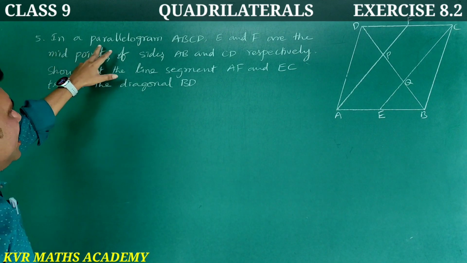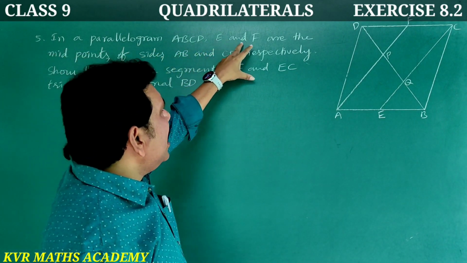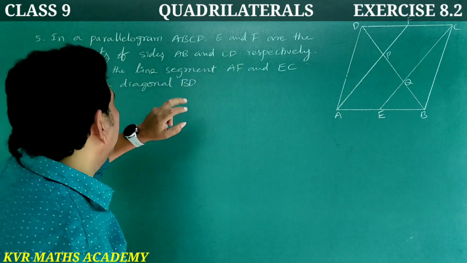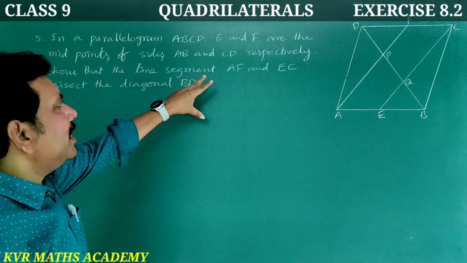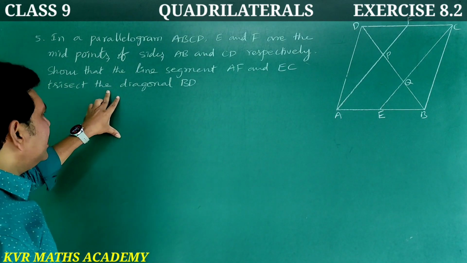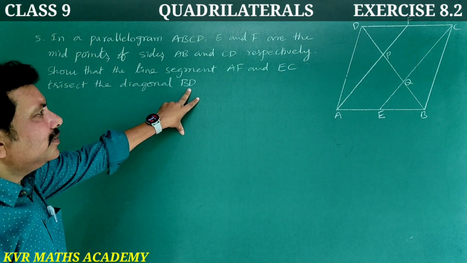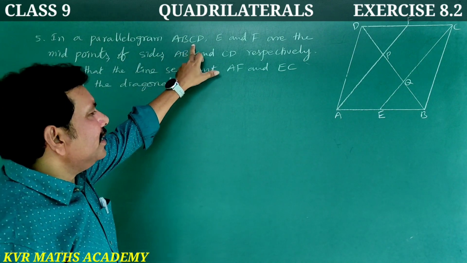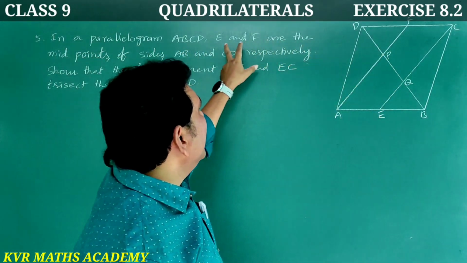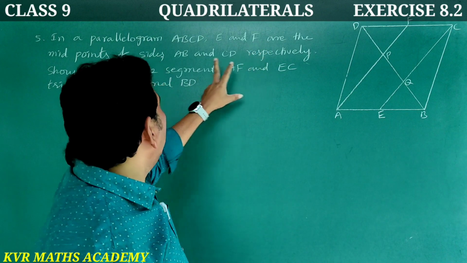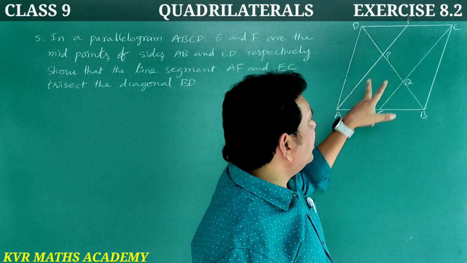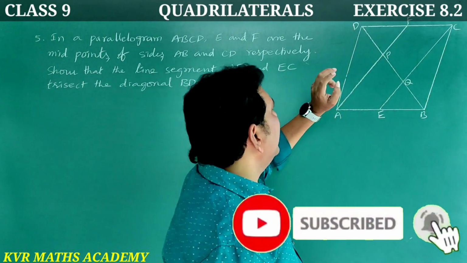Fifth question. In a parallelogram ABCD, E and F are the midpoints of sides AB and CD respectively. Show that the line segments AF and EC trisect the diagonal BD. In a parallelogram ABCD, E and F are the midpoints of the sides AB and CD.